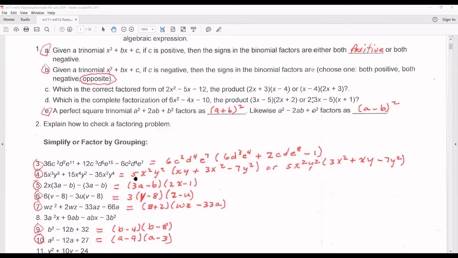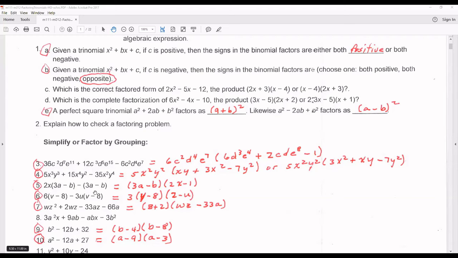Number 5, 5x squared y squared times quantity xy plus 3x squared minus 7y squared. Or you can reorder what's in the parentheses from x's to y's. This is actually the preferred answer.